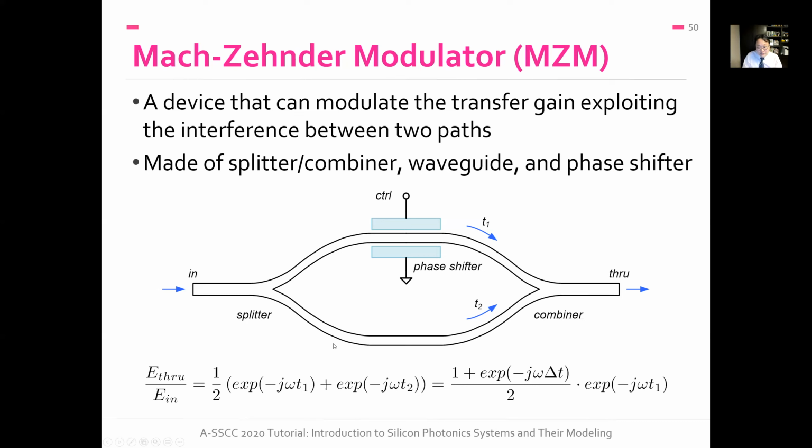So similar to the ring modulator case, in some conditions you may have a total propagation of the input power to the through port. In some other conditions, you may get zero propagation. Just that the mechanism of achieving that variable transfer function is different.